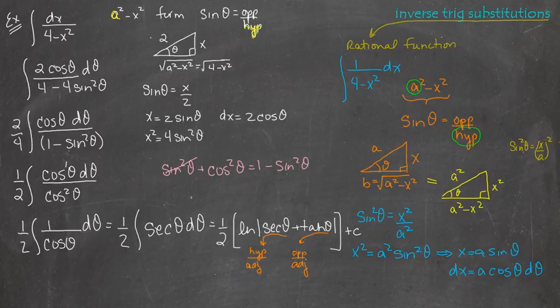So let's go ahead and insert our new values. 1/2 times the natural log, the absolute value, hypotenuse is 2 over square root of 4 minus x squared, plus the opposite is x over the square root of 4 minus x squared, plus c.